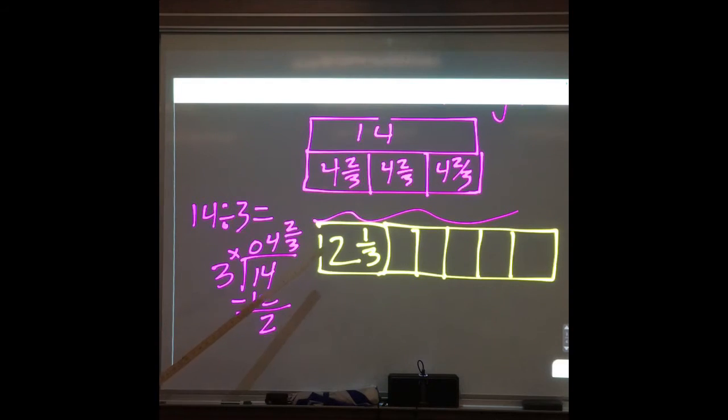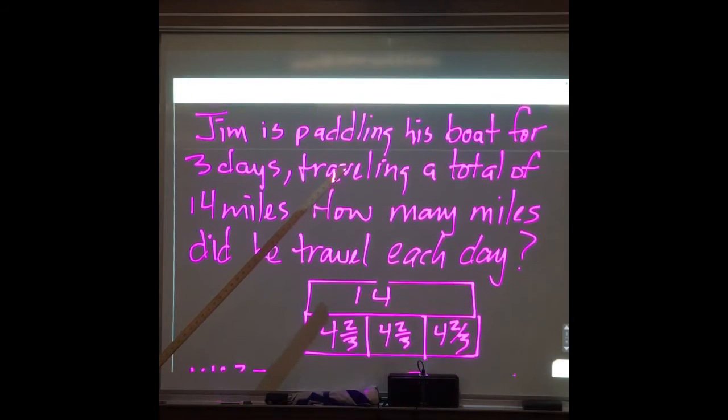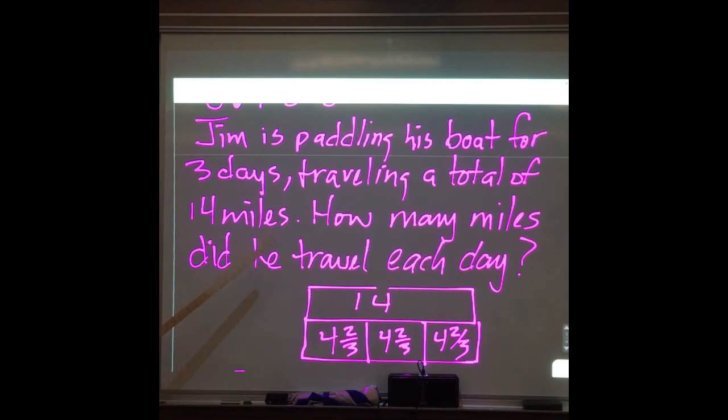All right, so that's how we do word problems. Don't get freaked out by it. Give it a try and think, hold on, what are we cutting up? Are we cutting up days or are we cutting up the miles? If it's the miles, then that goes in the top.